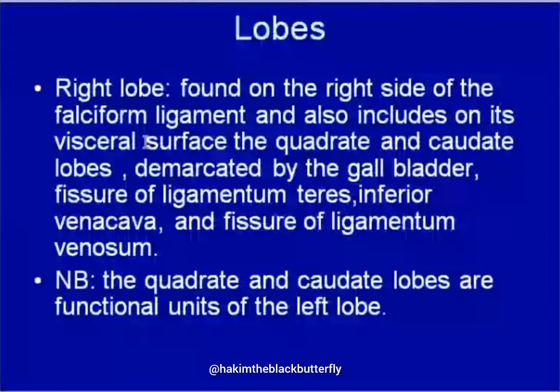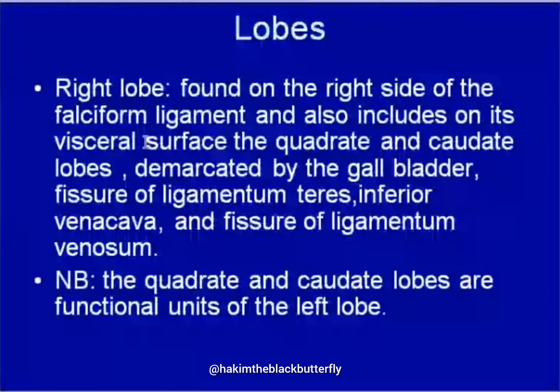So when we are talking about the lobes of the liver, we have what we call anatomical lobes. And they are also what we call physiological or functional lobes. So you can classify the lobes of the liver into anatomical lobes, and you can also classify the liver into functional or physiological lobes.